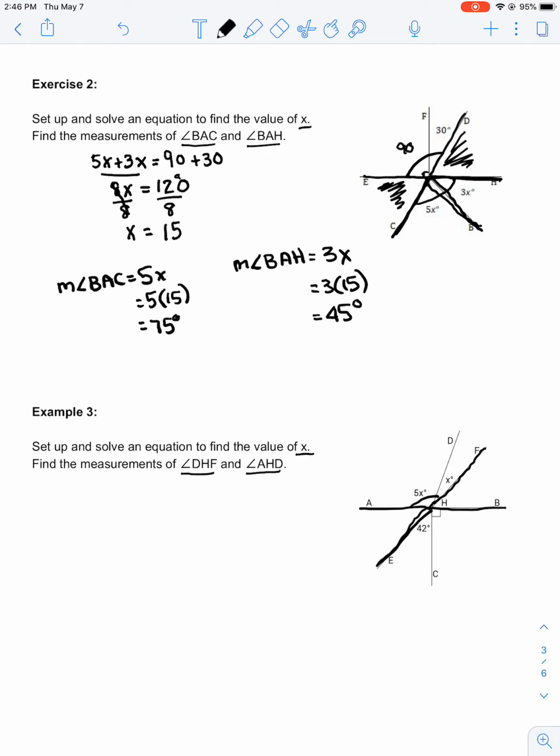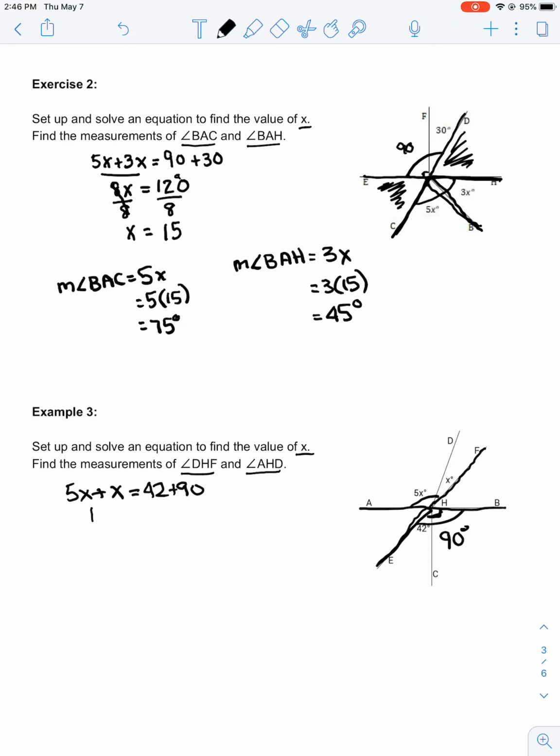So we have this angle and this angle. We have that 90-degree angle right here, so this is 90 degrees. So here we have 5x plus x, and that's going to equal 42 degrees plus 90.